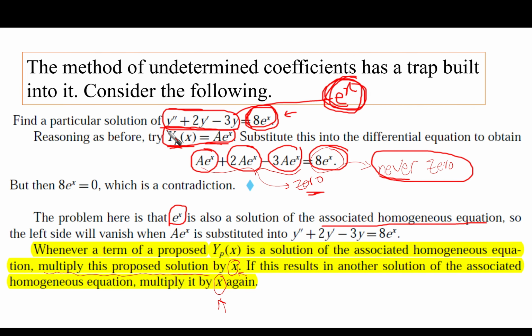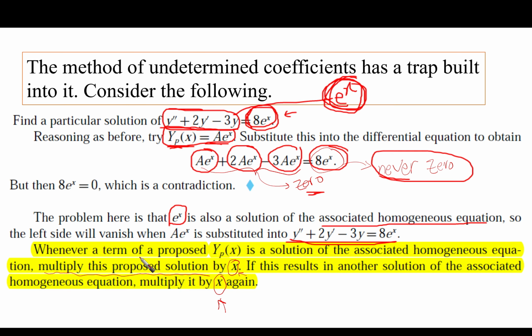We assumed that y particular equals a times e to the x, so this definitely gives us 0. The left side will vanish when a e to the x is substituted into this equation, because it's a solution of the associated homogeneous equation.